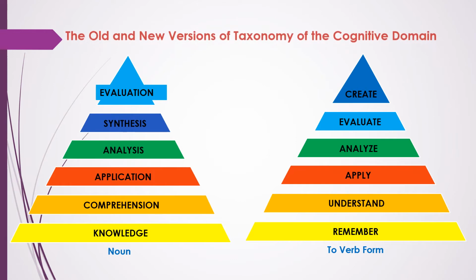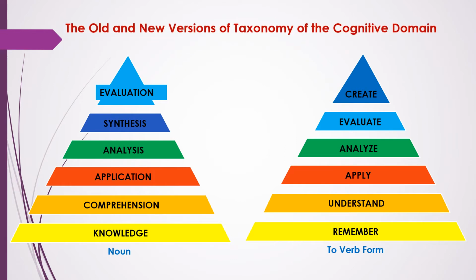So ito ngayon ang tinatawag nating taxonomy of educational objectives under cognitive domain, which was developed by Bloom in 1956, the old version, and then it was revised by his former students Anderson and Krathwohl in 2001. The other revision focuses on interchange of the fifth and sixth level in the old version.